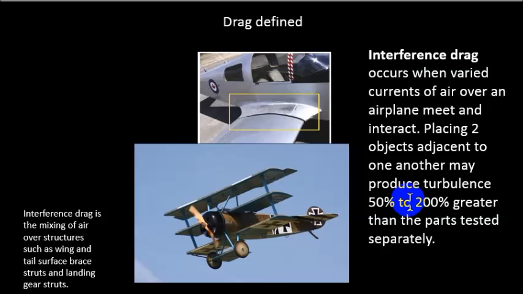So interference drag is the mixing of air over structures such as wing, tail surfaces, brace struts, and landing gear struts.